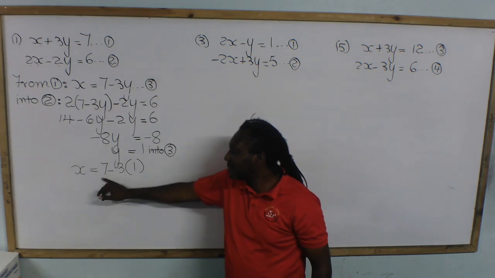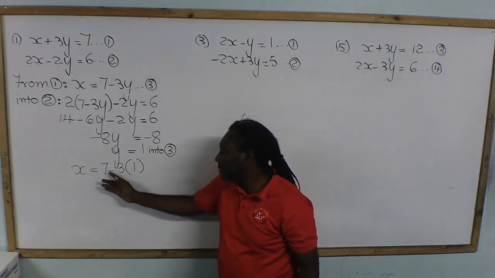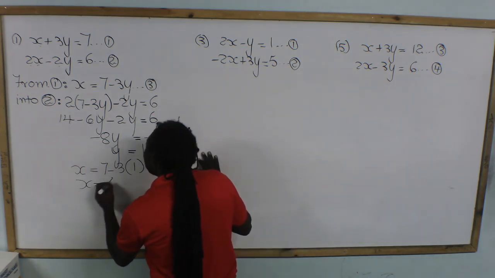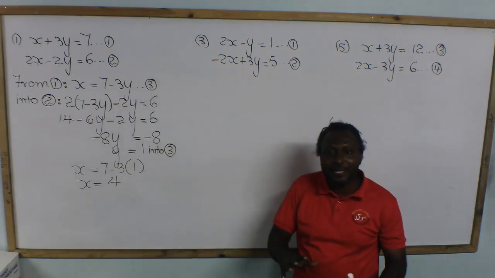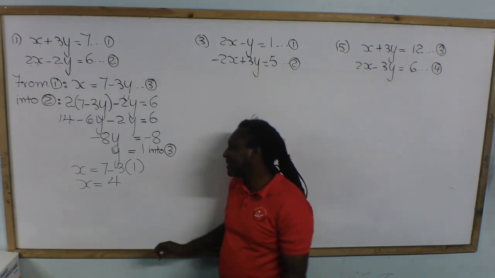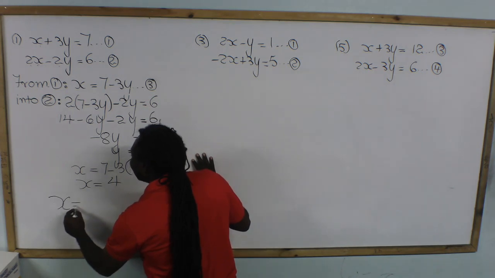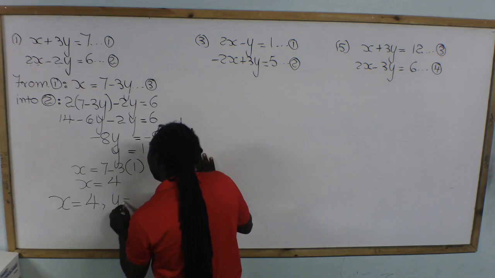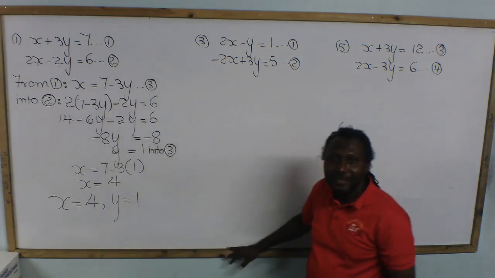And that will give us, we don't have to do it in so many steps, 7 minus 3, and that is equal to 4. We have discussed already how beneficial it can be if we ensure to write our final statement in the end: x is equal to 4 and y is equal to 1.